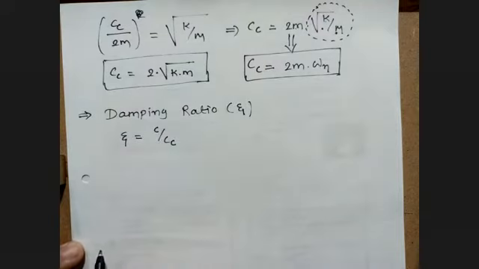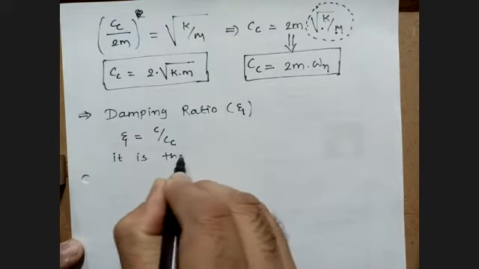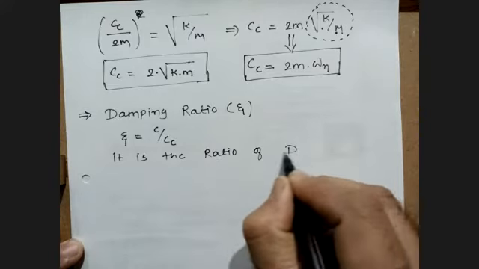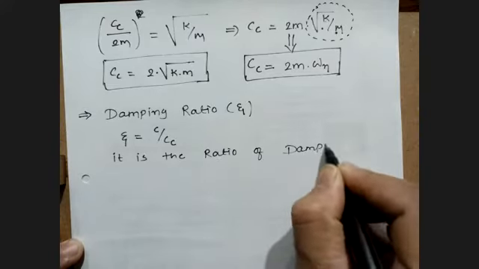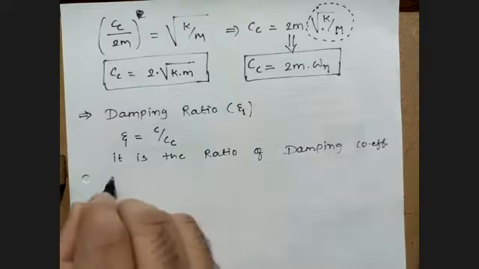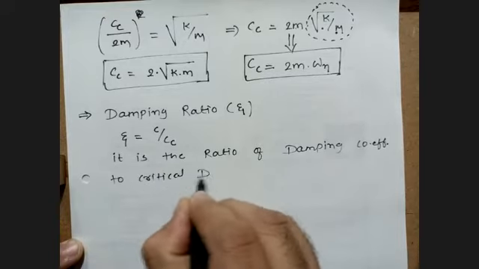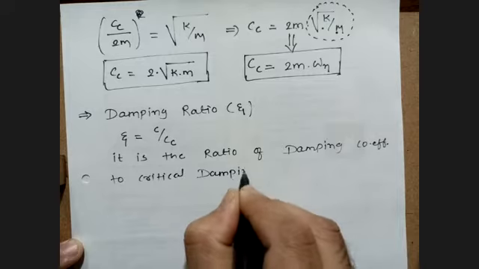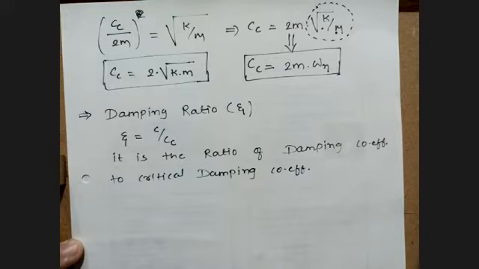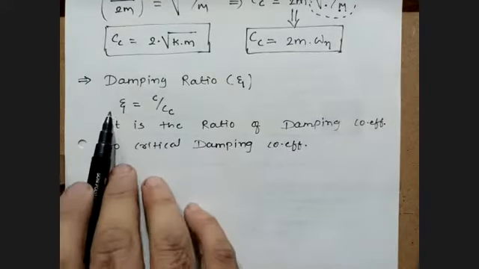It is the ratio of the damping coefficient to the critical damping coefficient, that is called the damping ratio zeta.